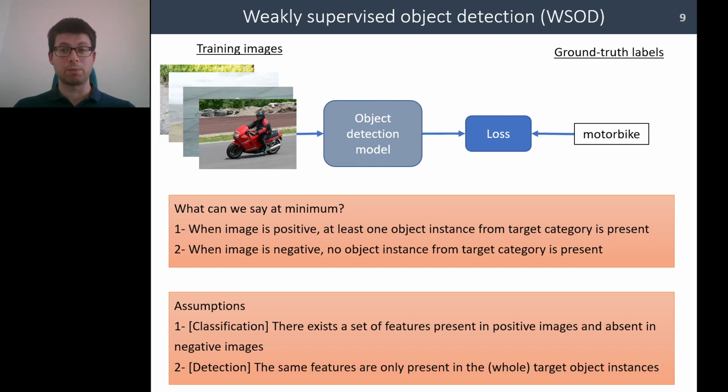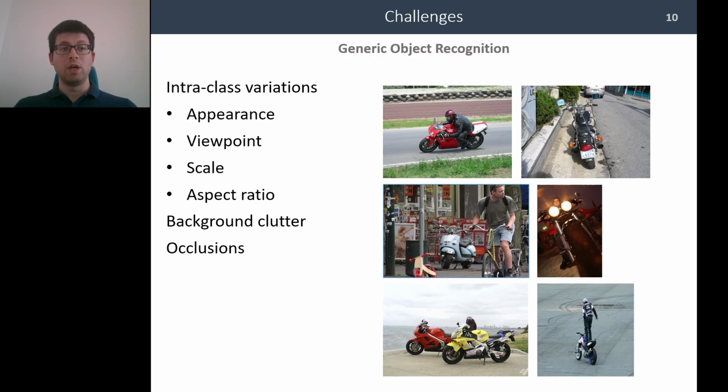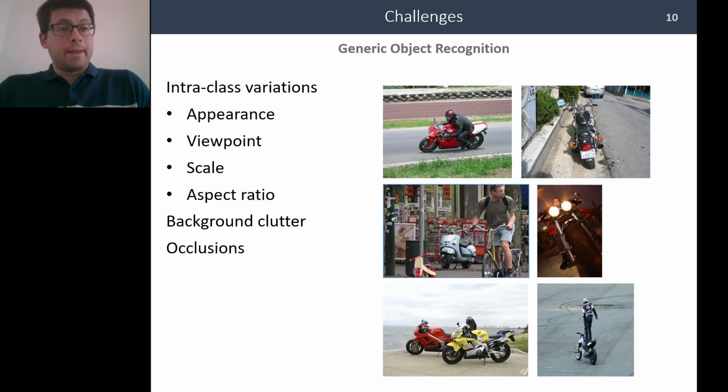So, okay, I will explain this setting a bit more. The challenges in classification or generic object recognition are mostly due to intra-class variations. Objects from a category can vary significantly in appearance and viewpoints, and they can appear in different scales and aspect ratios.